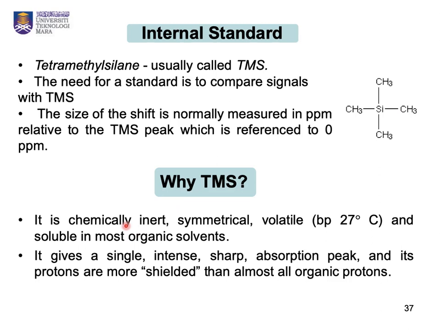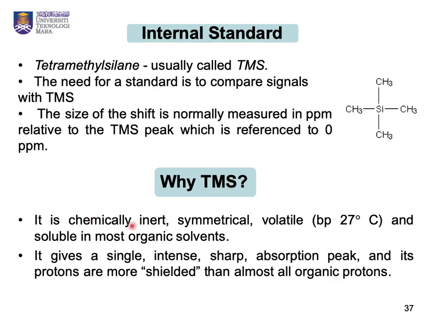It is a symmetrical molecule, and volatile. Boiling point is 27 degrees Celsius, so it evaporates from the material very easily, and it is soluble in most organic solvents. So this is the reason why we use TMS, right?